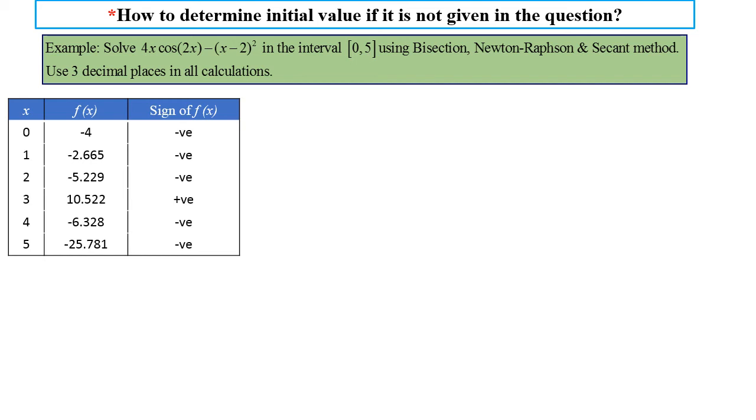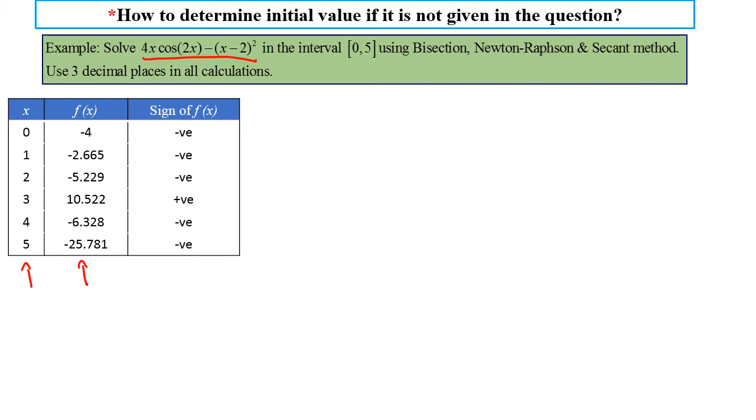So the interval is 0 to 5, so x is 0 to 5. And then f(x), by substituting the value of x into the f(x) given in the question. Remember class, if the function given is in terms of trigonometry like this, for example we have cos, my suggestion is you use radian mode in your calculator.